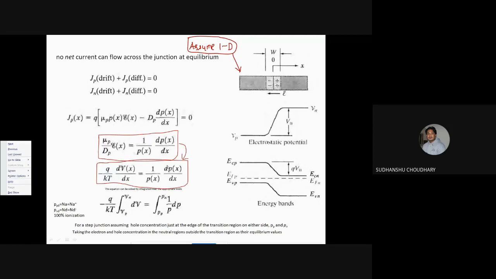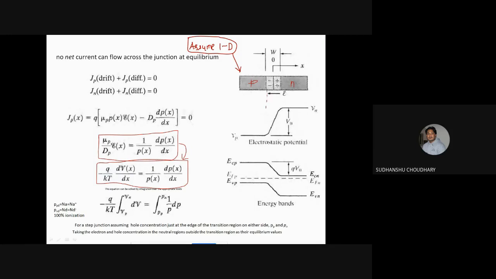Now this equation can be solved by integrating over the appropriate limits, right? So what would be those appropriate limits? Since we are interested in only finding out V(x), that is the potential in the transition region, and the potential in these two neutral regions, P and N, we already know, which is Vp and Vn.